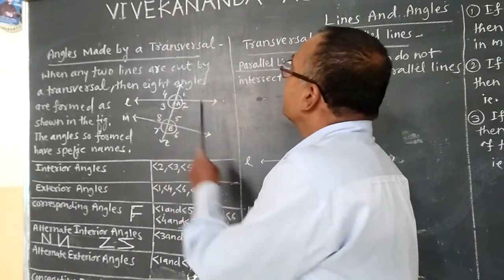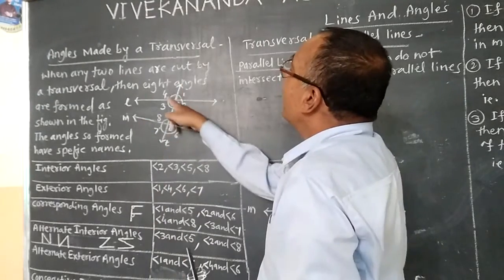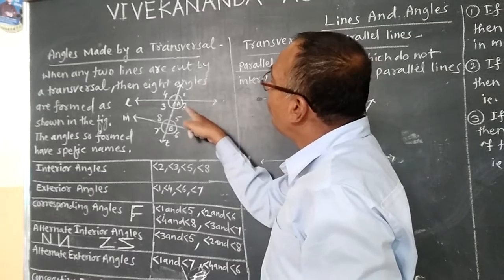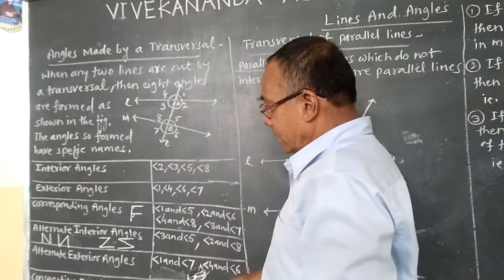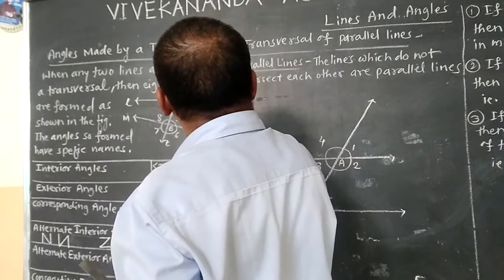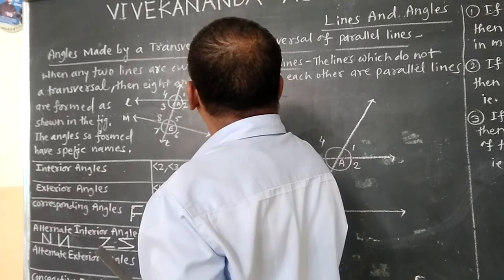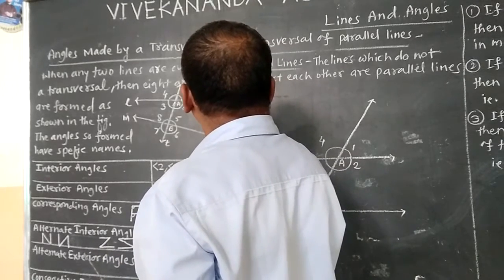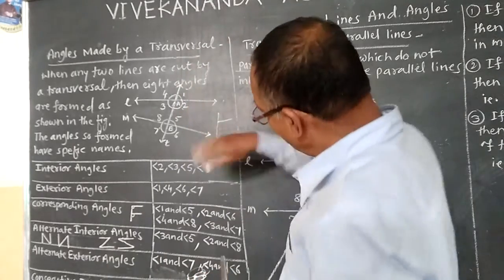If we consider here these transversal and these two lines, F के अंदर 2 and 6. Then if we draw the F like this, so this is F.